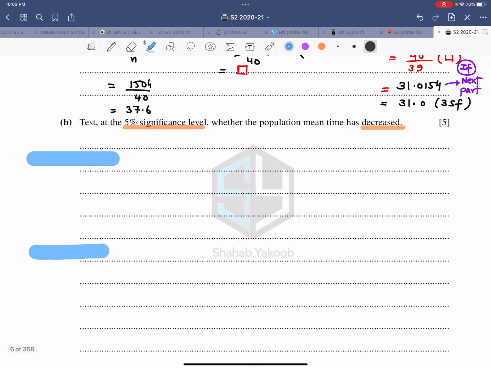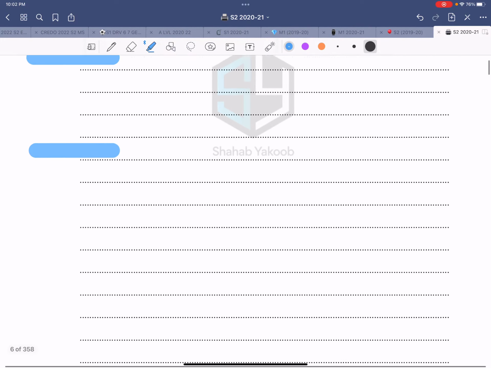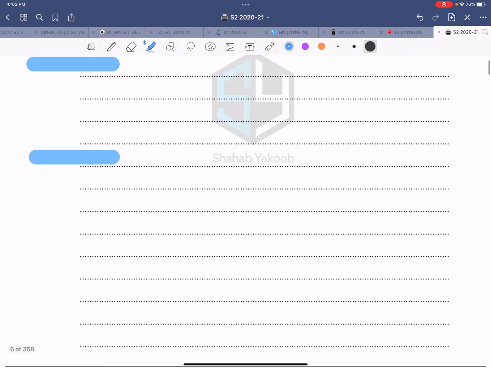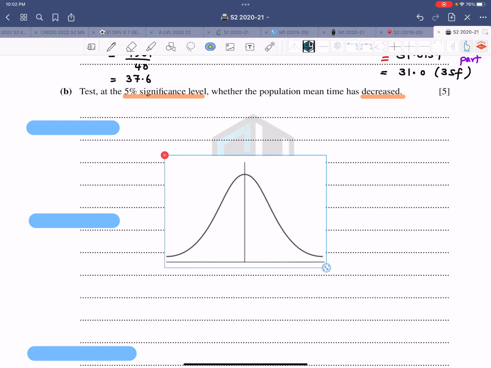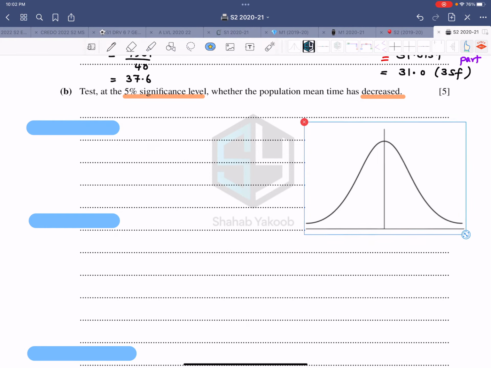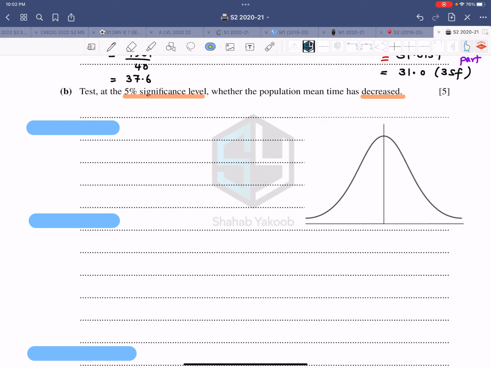Secondly, I'll write down the null and the alternative hypothesis. Then I'll calculate the value of z. And the very last thing is the application of the normal distribution curve and then deciding upon the answer. So first of all, I'll write this as normal distribution.